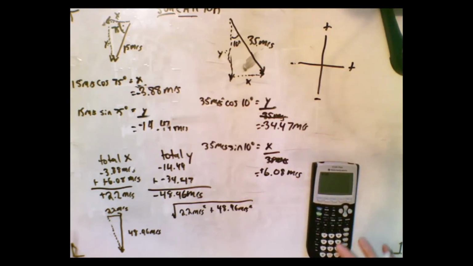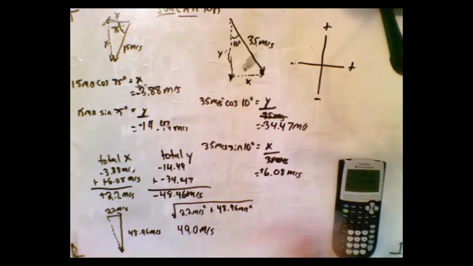So 2.2 squared plus 48.96 squared. Oops. Oh yeah, I typed an extra decimal place. So 2.2 squared plus 48.96 squared. And we square root our answer, and we end up getting 49.0 meters per second.